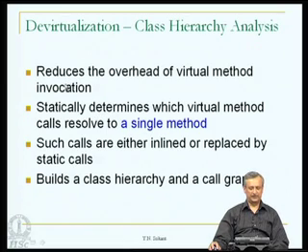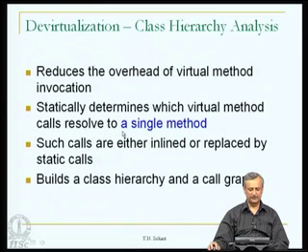What is devirtualization? It reduces the overhead of virtual method invocation. How? We try to statically determine which virtual method calls resolve to single methods. So, if there is a virtual method, we want to see if that can be replaced by a static call.